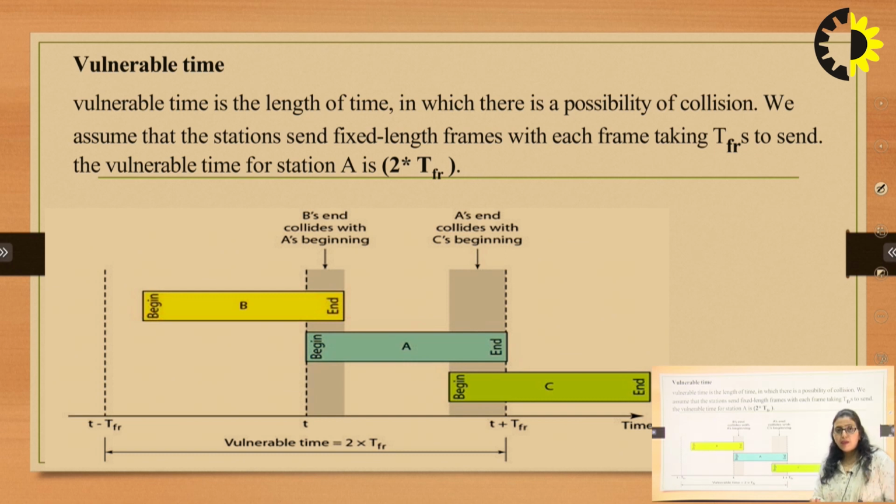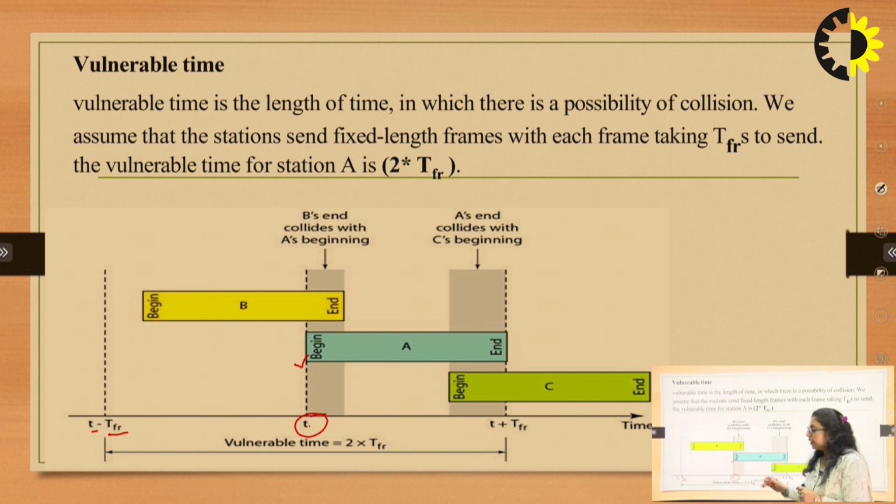Suppose at time T minus TFR some station B has sent data, and another station wants to send data starting at time T.